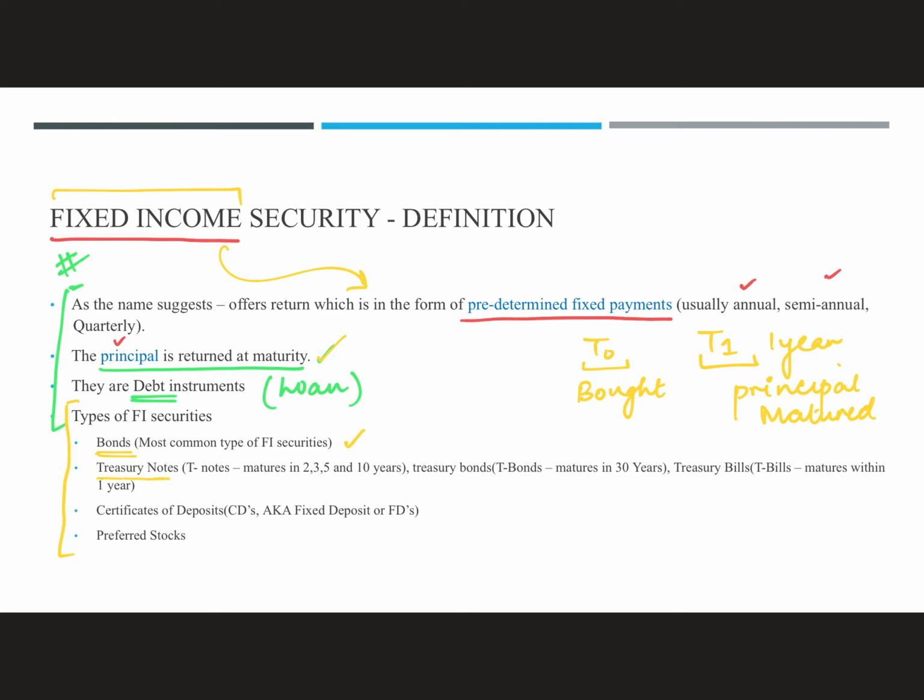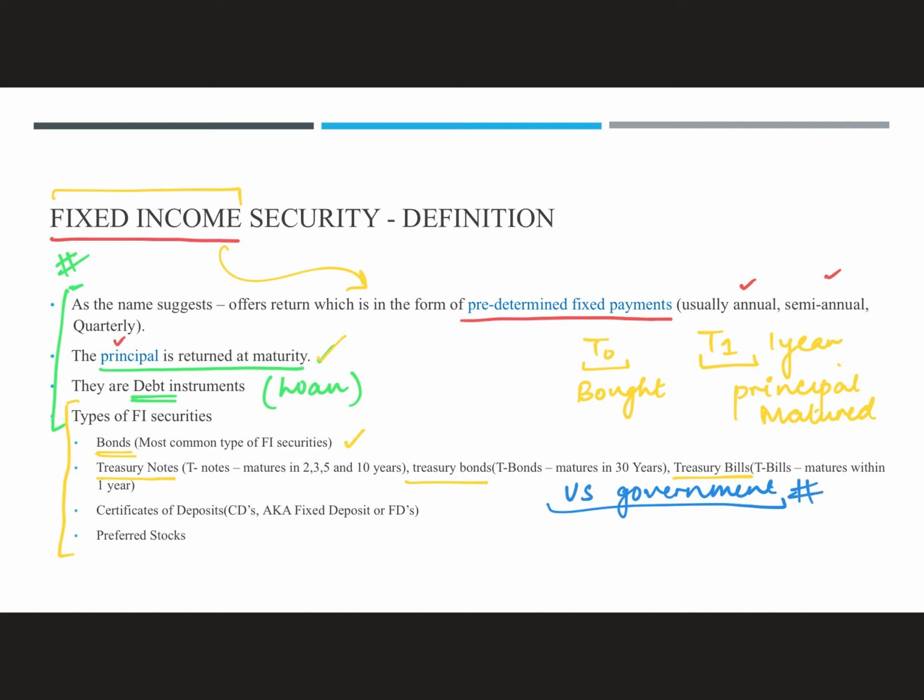Then we hear a lot about treasury notes, treasury bonds, treasury bills. These are also fixed income securities, which are essentially issued by the US government. All of these treasury bills, treasury notes, treasury bonds are issued by the US government to borrow and spend in their own country.